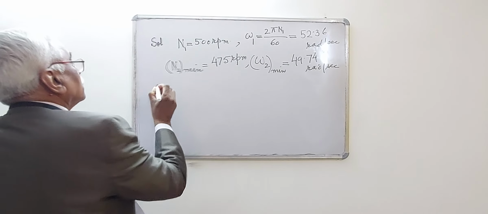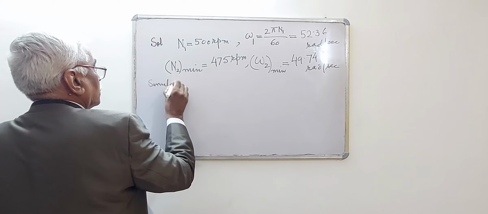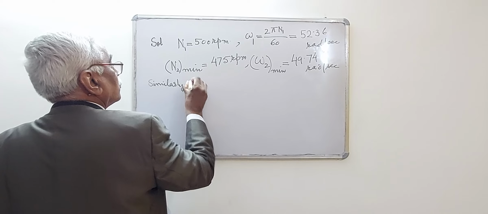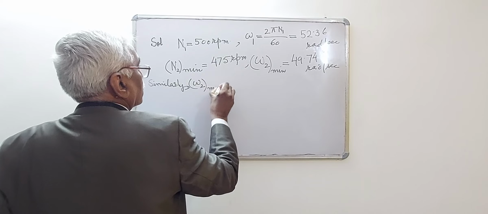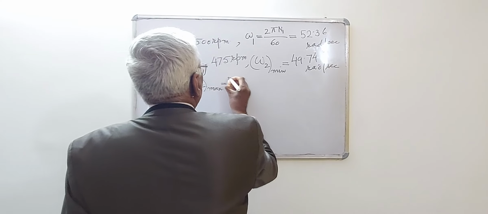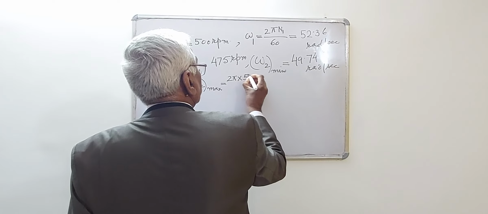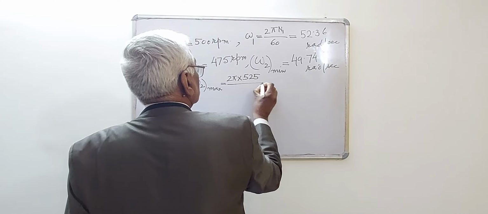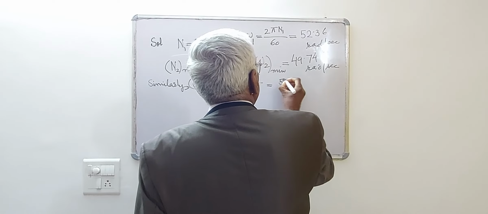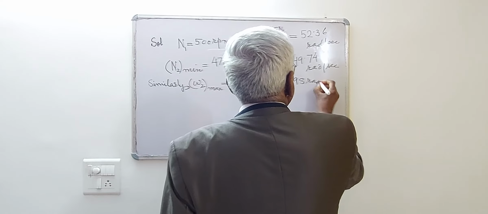Similarly, omega 2 maximum can be 2 pi into 525 by 60. It comes out to be 54.98 radian per second.